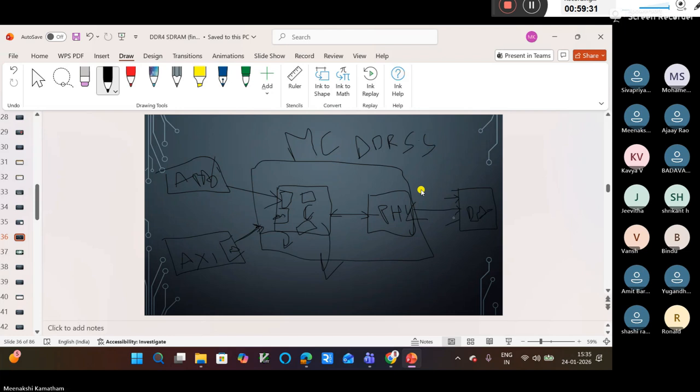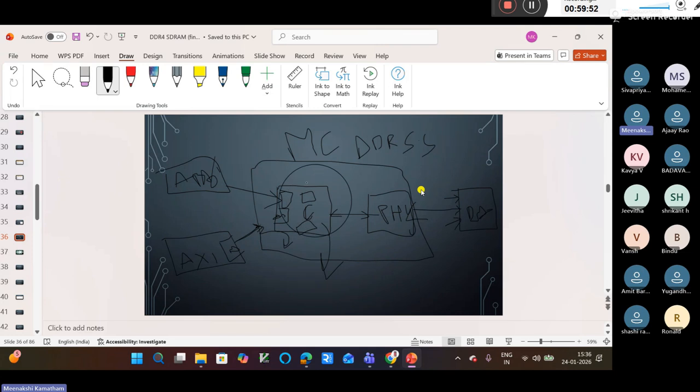But we are initiating signals like AW data and AR data, which DRAM doesn't understand, so this logical data should be converted into physical address data using the controller block.